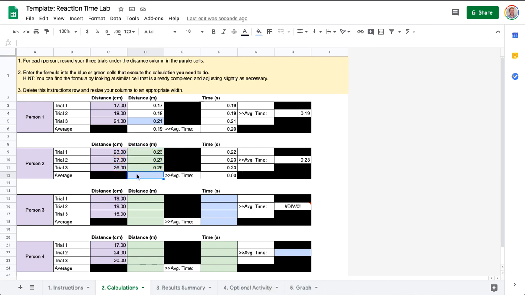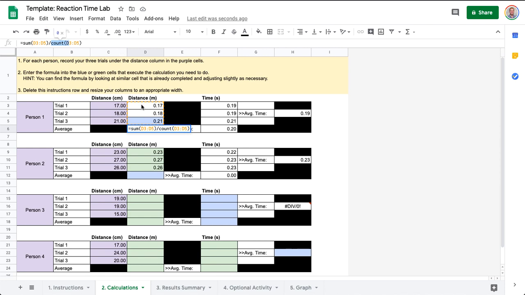Now the next thing is I need to figure out this formula, because this is not being automatically calculated anymore, whereas it was up here. If I look again at the formula bar, it says equals sum D3 to D5, that's these cells immediately above, divided by the count D3 to D5.